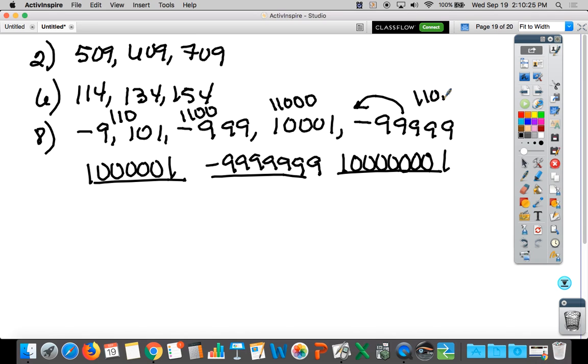This was 110 million. So I saw that it was a pattern of going up by 110 by a factor of 10. It was like plus, minus, plus, minus. And so, anyway, that's the way that I saw it.